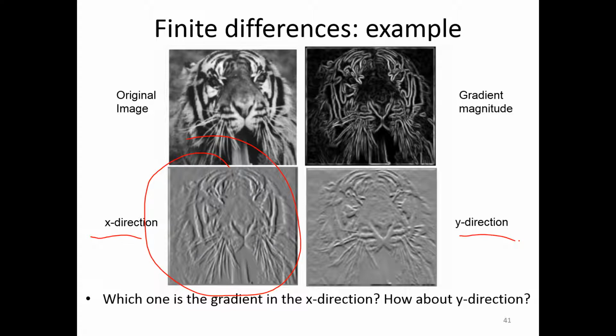This one will be the vertical. You get all these vertical edges from the horizontal filter, the gradient in the horizontal direction, or more precisely, the derivative over the x direction.